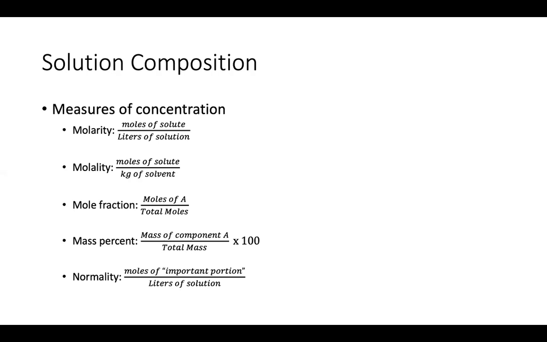If you have a 0.1 molar sulfuric acid solution, your concentration of H+, the portion you care about, is actually 0.2 molar, because there are 2 hydrogens per 1 molecule of sulfuric acid. So instead of labeling a bottle 0.1 molar sulfuric acid, it would probably be labeled 0.2 normal sulfuric acid solution. Really what that's telling us is that the concentration of H+, the important part, is 0.2 molar.